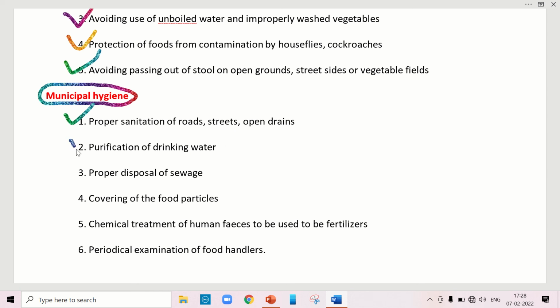Then purification of drinking water, proper disposal of sewage, covering of food by the traders, chemical treatment given to human excreta so it can be used as a fertilizer, and periodical examination of food handlers to find out whether they are infected with Entamoeba. These are some municipal hygiene measures.